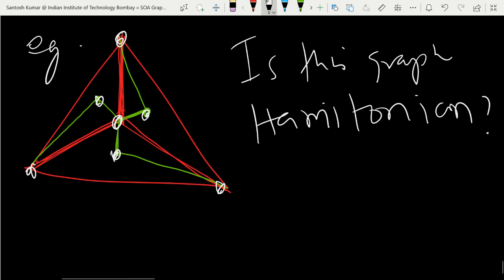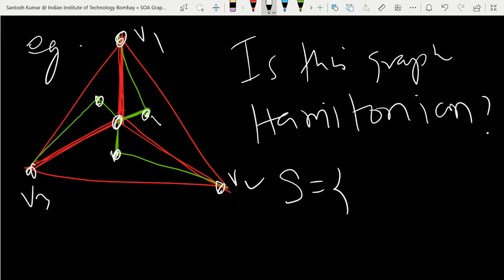According to the result, let me take set S here. Let's name the vertices V1, V2, V3, V4, V5, V6, and call the inside one V7. I want to take S as V4, V5, and V6.